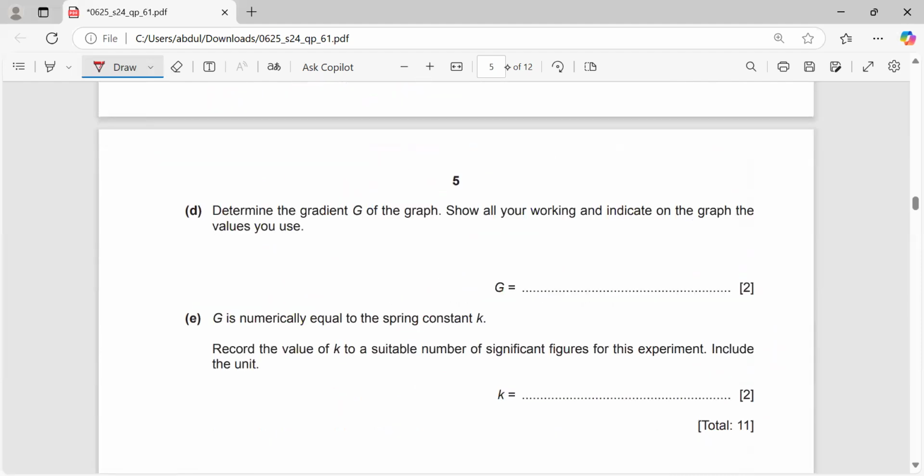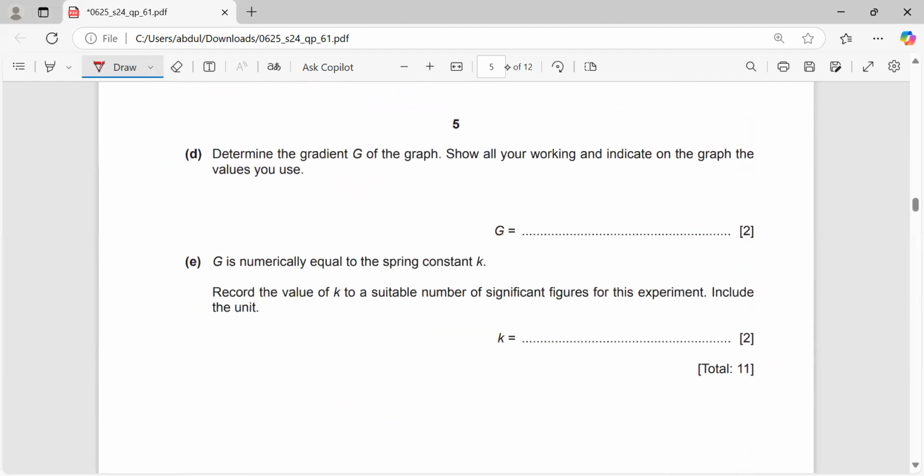Next is determine the gradient of the graph, show all your workings and indicate on the graph the values you use. Remember always, whenever the examiner asks you in the exam to get the gradient, you are supposed to draw a triangle.